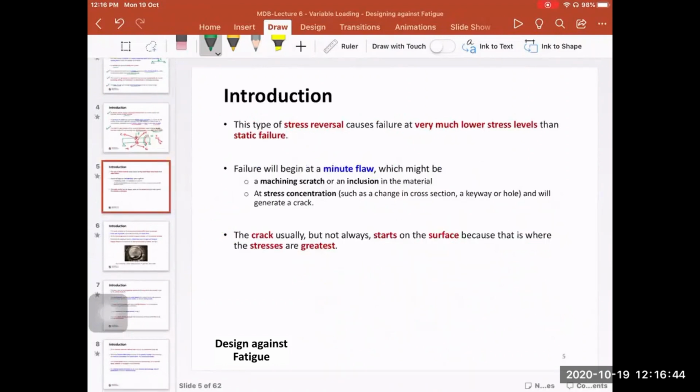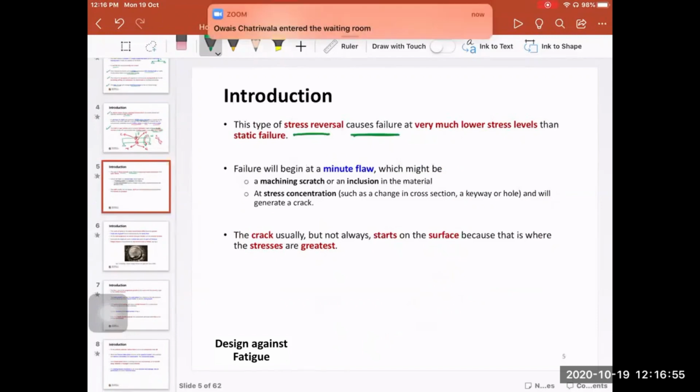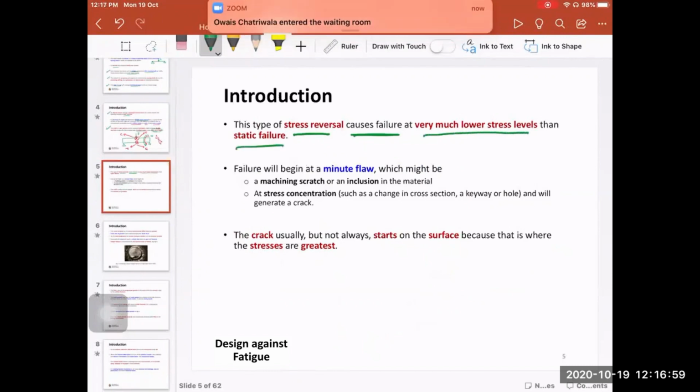So in this case, the stress reversals cause failure. And the problem with this kind of failure is that it fails at stress levels much lower than the ones we see for static stress.